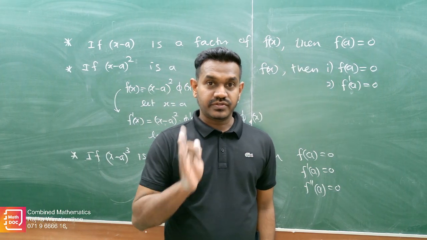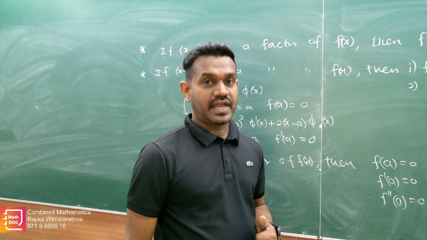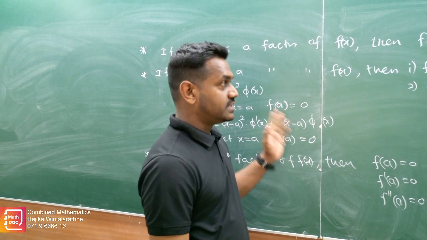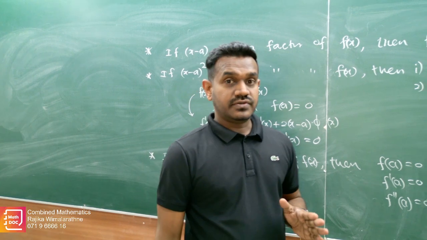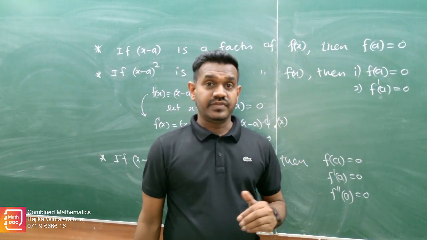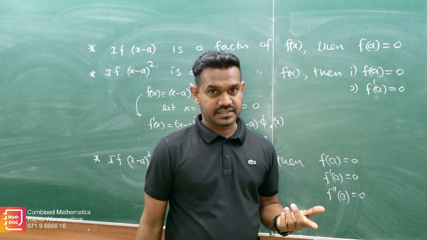The second derivative also, you substitute a, that also is 0. This is about repeating factors. These are very important relations. And also, with the division algorithm, we have another special relation.